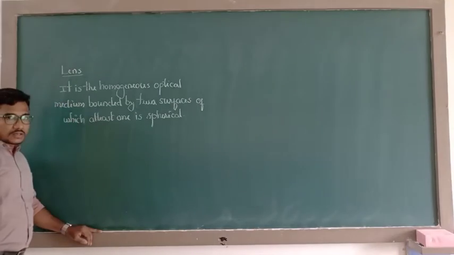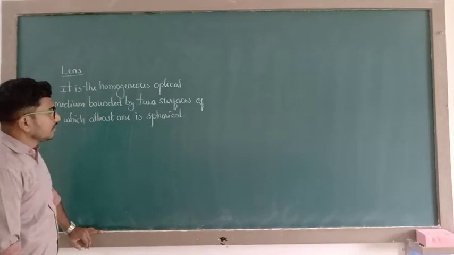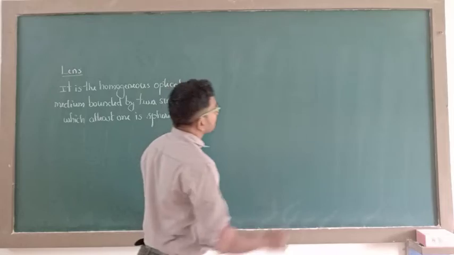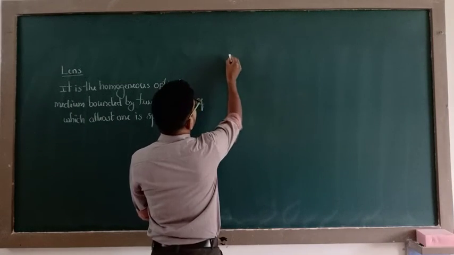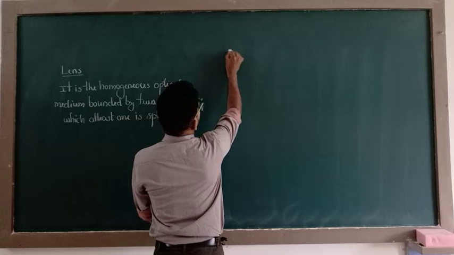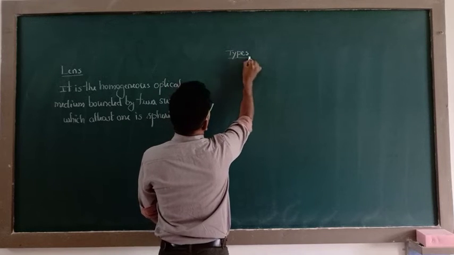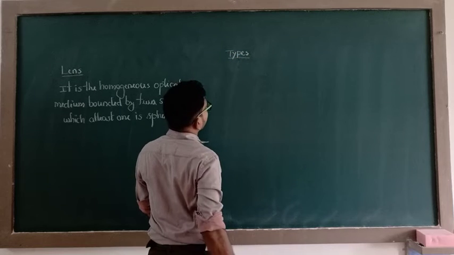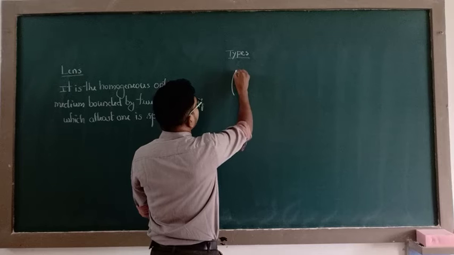So let us consider the different types of lenses. Types of lenses. First one, convex lens.